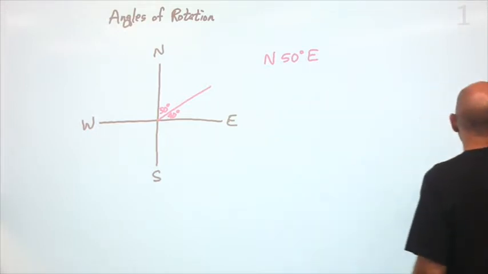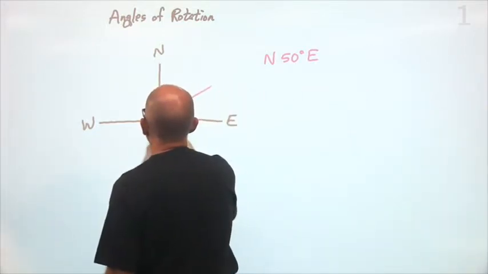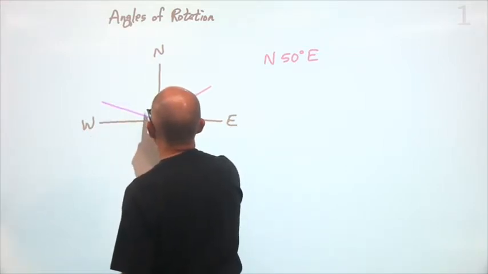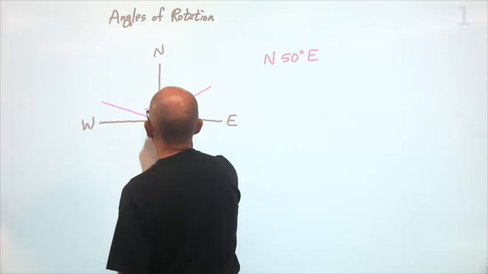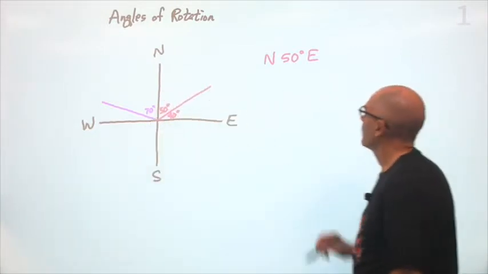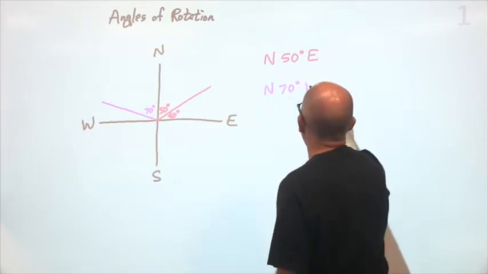Now, let's say we have another angle that goes off this direction, and we'll say this angle is 70 degrees. So how would we write the purple? This is going to be north 70 degrees west.